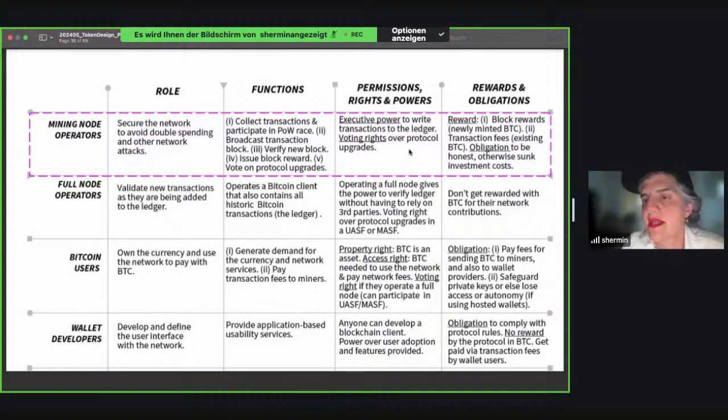The reward is economic in terms of the block reward. They receive newly minted Bitcoins, but they can also receive transaction fees, and they collect these fees. So the block rewards are defined in the protocol, and the transaction fees are paid by the senders of Bitcoins directly to the miners that create the block. They have the obligation to be honest, otherwise they have the sunk cost of hardware investments and energy investments.